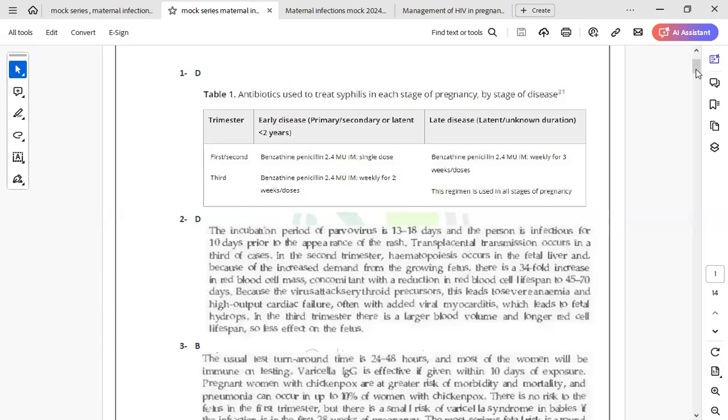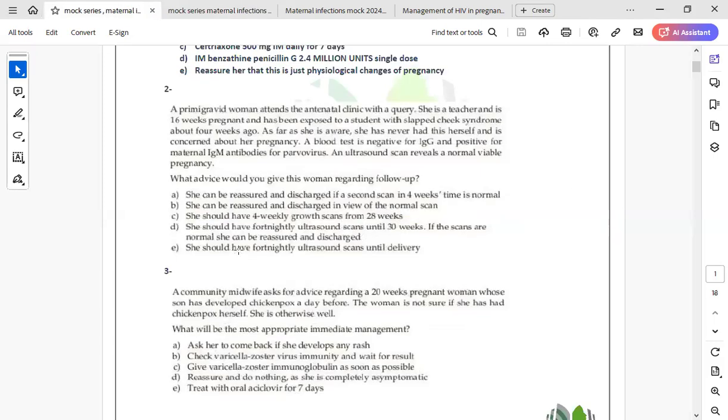So we are going to wait for some time, and then we are going to do the ultrasound to see if this baby is really infected or not. So the right answer here would be D, fortnightly ultrasound until 30 weeks. And accordingly, we are going to make up our mind about the next step. Excellent, mashallah. We are covering the basics here.